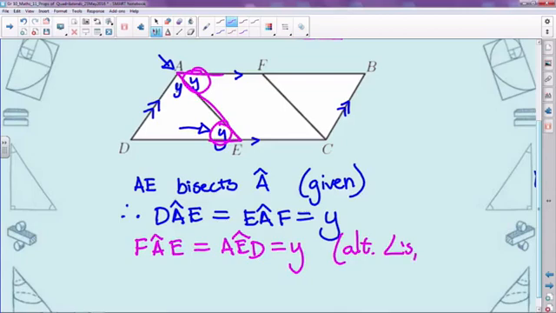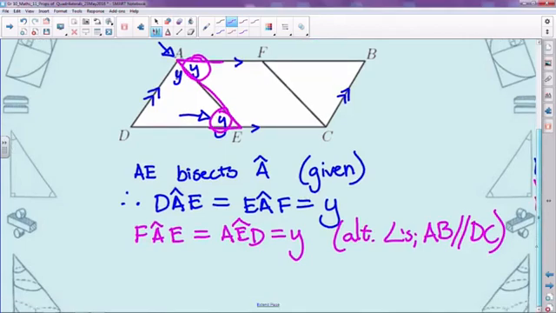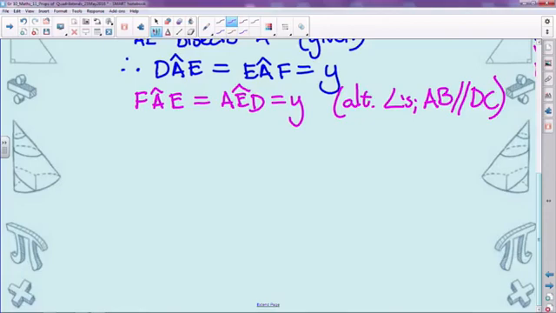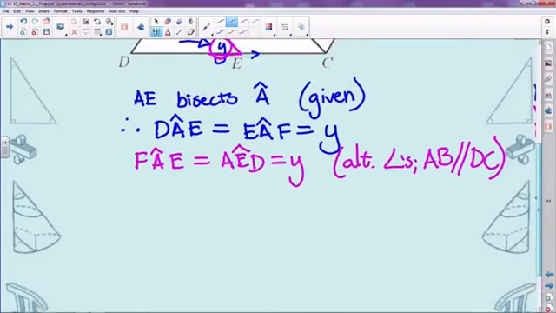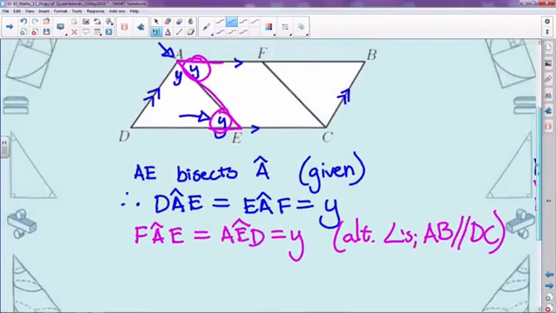And we can't just say alternate angles, we also need to say that AB is parallel to DC. The reason we need to say that is because if we don't, alternate angles aren't necessarily equal. They're only equal if the lines are parallel to each other.